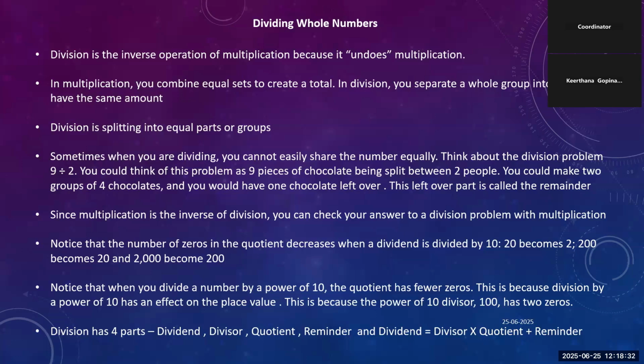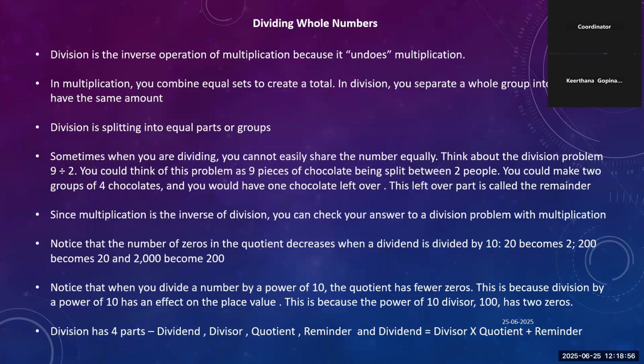Without splitting is what we are asking. Division is into equal parts. Not always can you split a part into two. If it is a chocolate, you can cut it into two and give. But there are things which you can't cut. What will you do? We can give equal only.